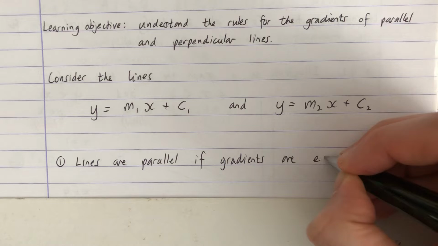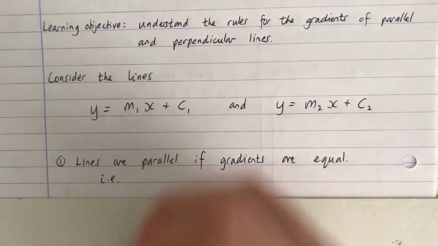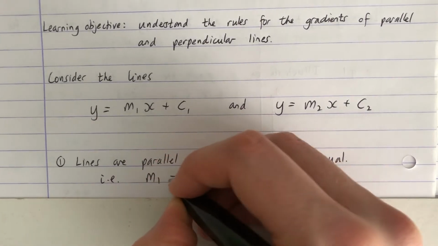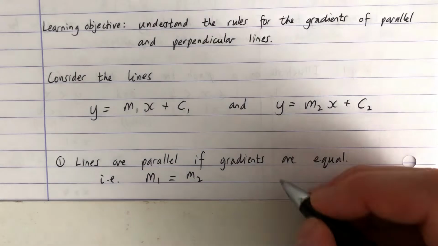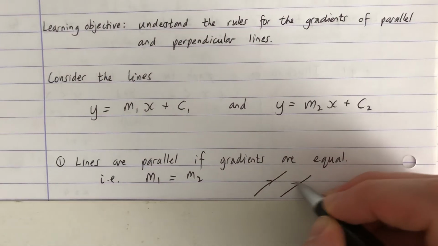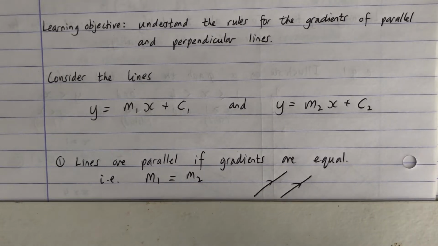And the shortest way I can write that is, in other words, m1 equals m2. And if you get that, you'll just get two lines which look like this, okay? And that's obviously a positive gradient, but lines which never meet. So that's what you should know already.